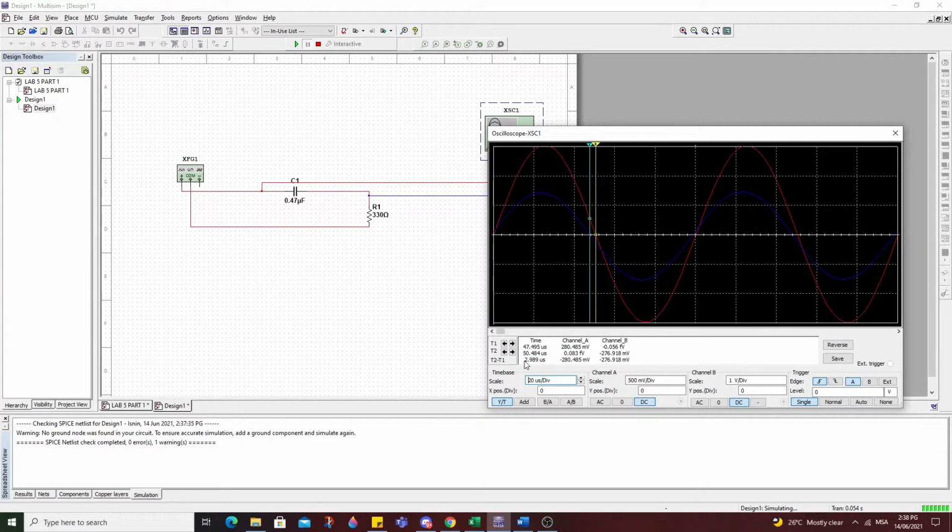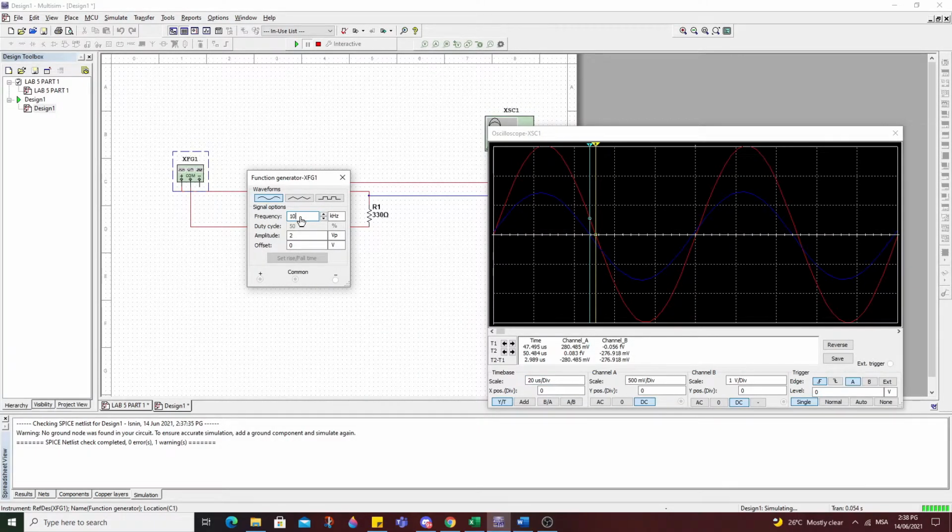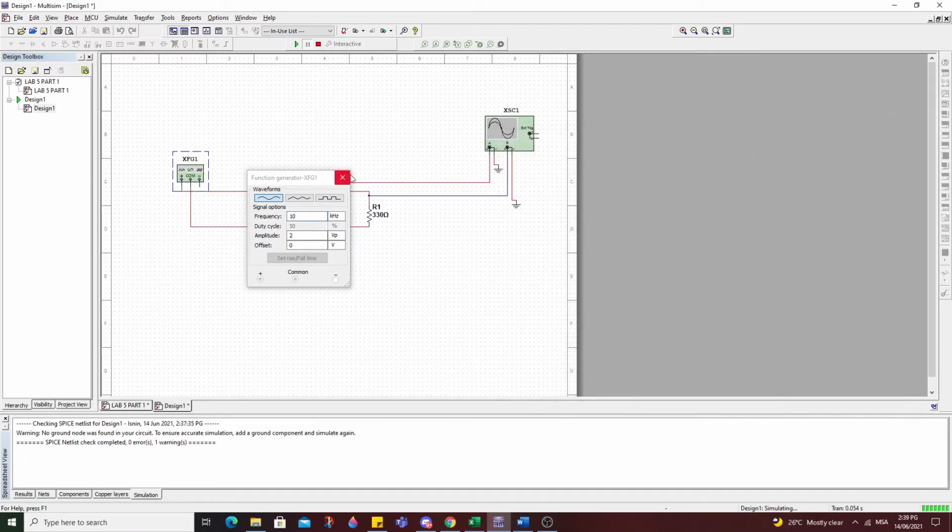From here we can find the phase angle, which is 10 kilohertz times 2.989 microsecond times 360. So we get 10.76 degree. So that is the phase angle. That's all from me. Thank you very much.